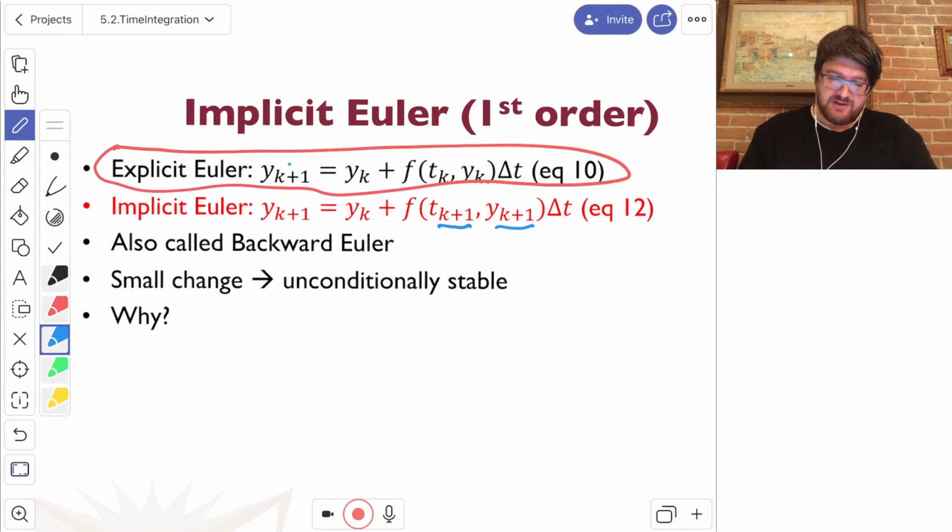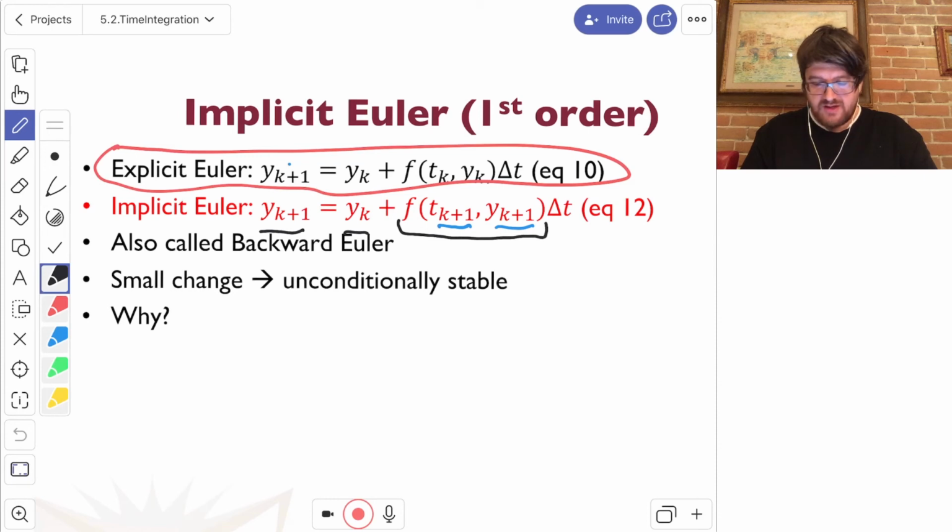In the implicit Euler, we are saying, okay, yk plus 1 equals yk plus the derivative of this unknown point in the future, right? So this is tricky to understand because we don't know this point.